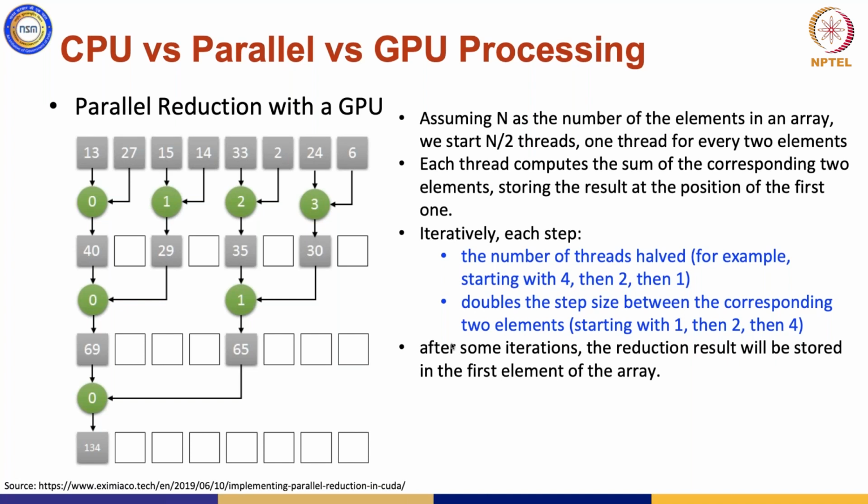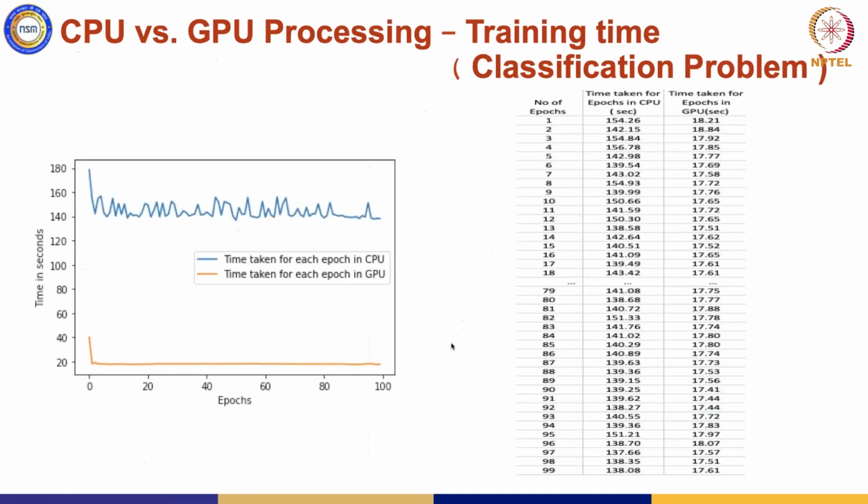Okay, so now this is a snapshot which shows the difference in processing time for a small classification problem, which we ran on the GPU as against the CPU.